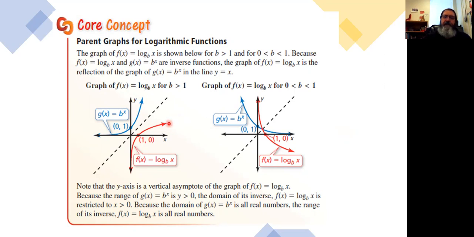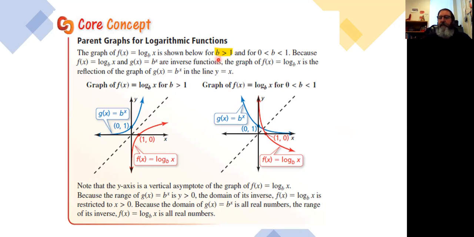This is the graph when b is greater than 1. When b is greater than 1, we're going to have a graph for log base b of x that looks like this. And then its inverse, which again reflects over that y equals x line, is right here.